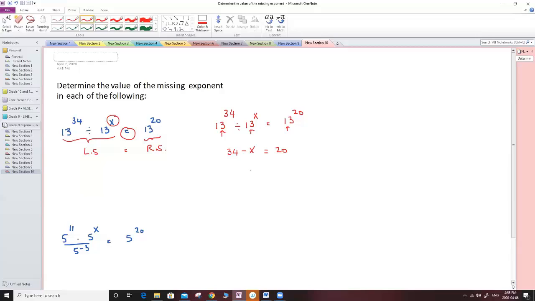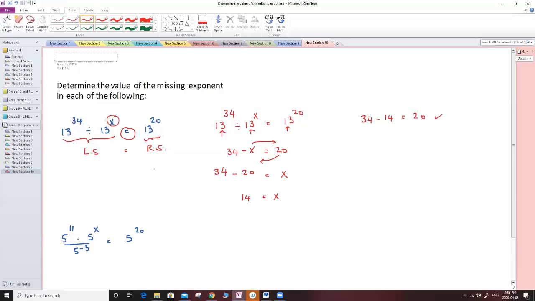Now, as you know, from the inverse, if I want to separate the x, I can transfer the x to the other side with a positive sign, so I can say x equal 34, and I bring the 20 to the other side with negative 20, so that means 14 equal x. And now I can verify, is really 34 minus 14 equal 20? For sure, yes, that means my work is correct.